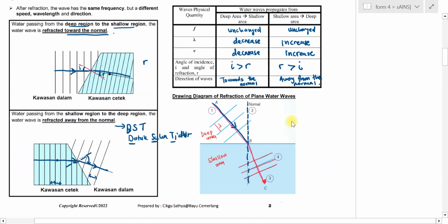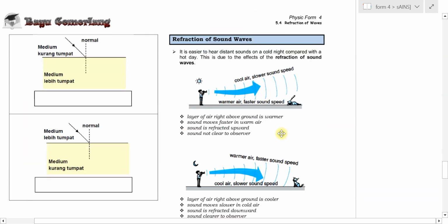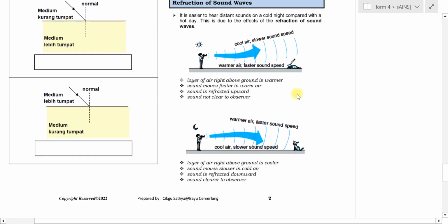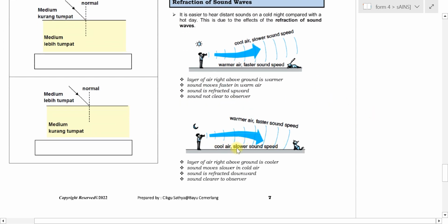Kena tahu relate dengan yang mana. Okay. There. Can you see? At night, cool air. So the speed of the sound is slower. Correct or not? See here. Safrina, boleh nampak? Boleh. Kalau warmer air, dia faster speed. Sebab warmer air, particle semua faster. So, dia punya sound of the speed is faster. Kalau cool air, relax je lah dia jalan.